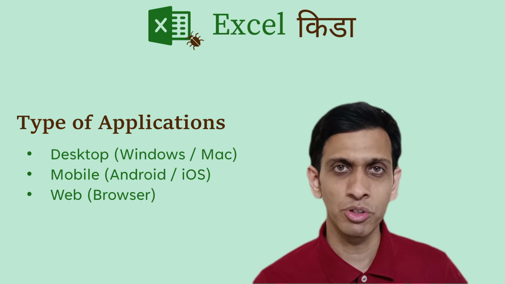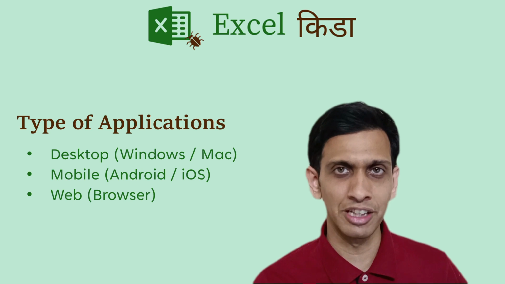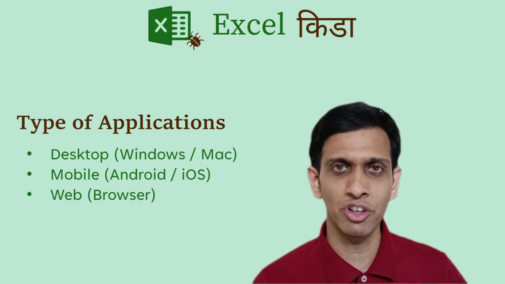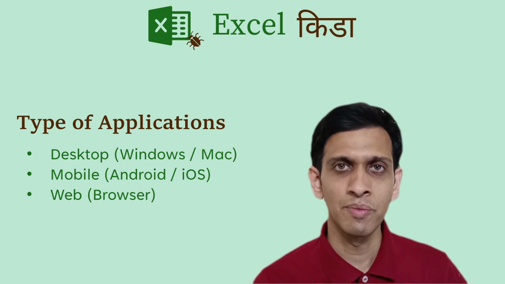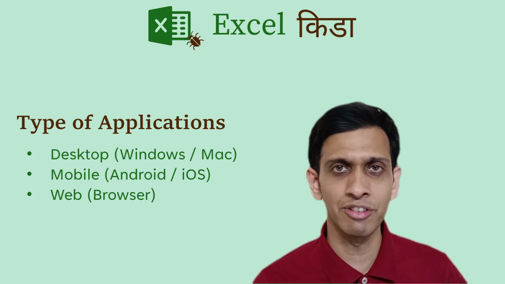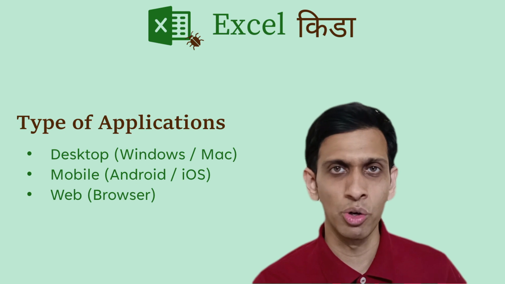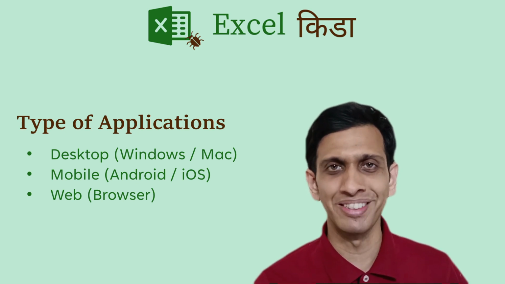Then next comes mobile based. You would find the Microsoft Excel app in Google Play Store and Apple Store. And the third one is web based or cloud based. This version of Excel you can access from your browser, and this version is platform, or I will call it operating system, independent.